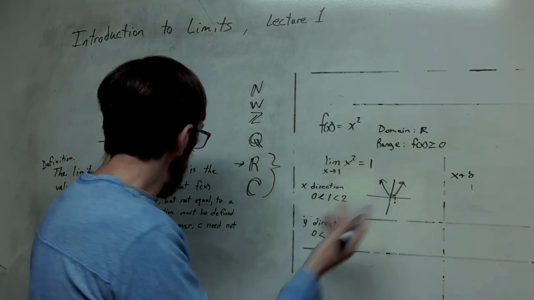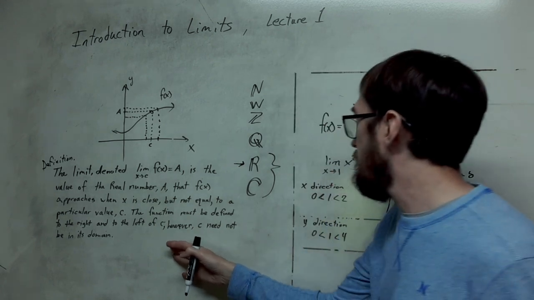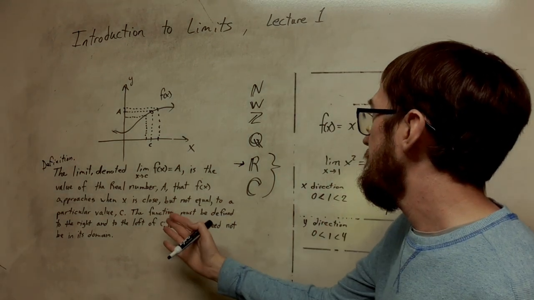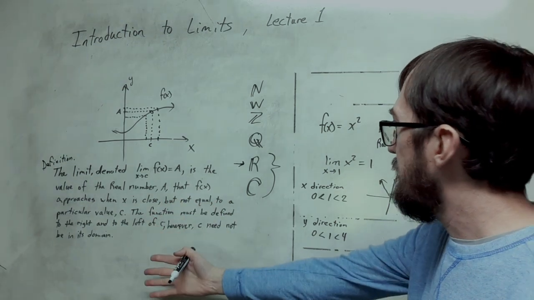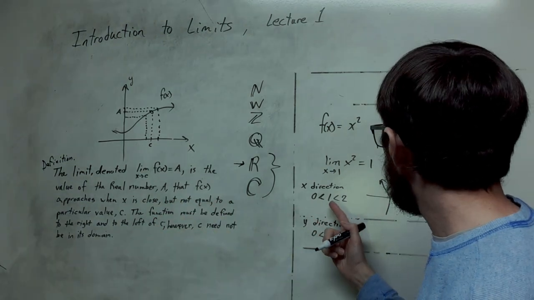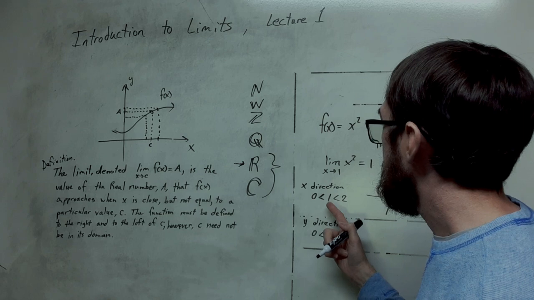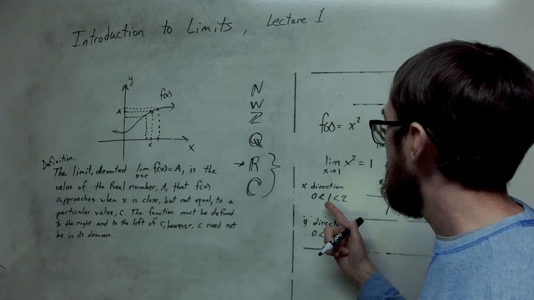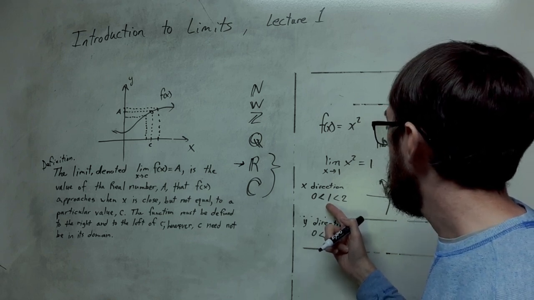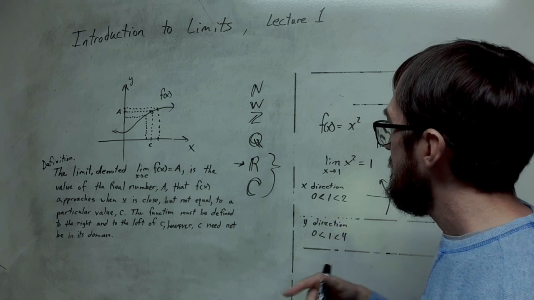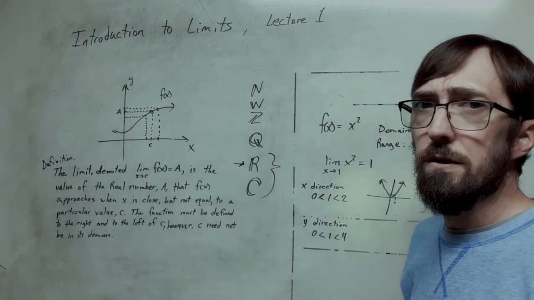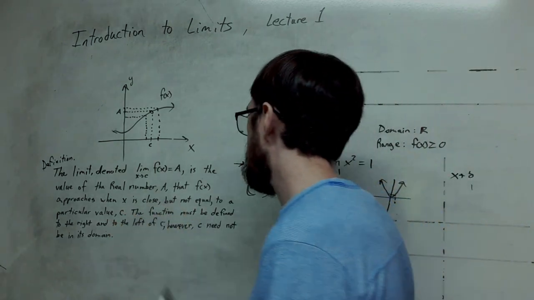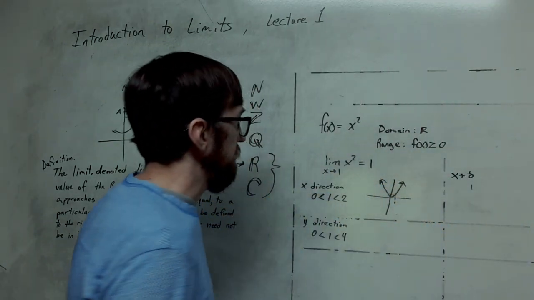By the definition here, I don't want my delta to be 0, because I don't want my c value 1 to be the only value in my interval to meet this definition.